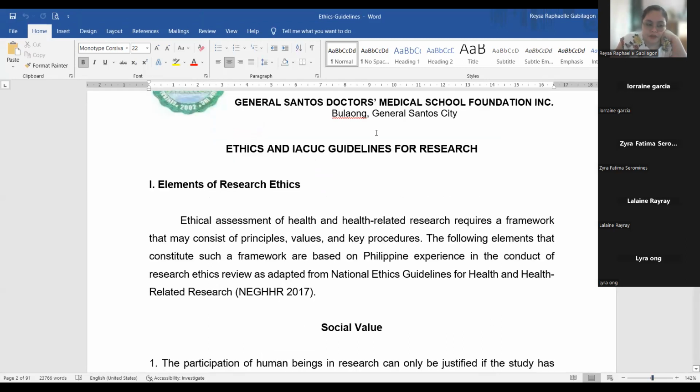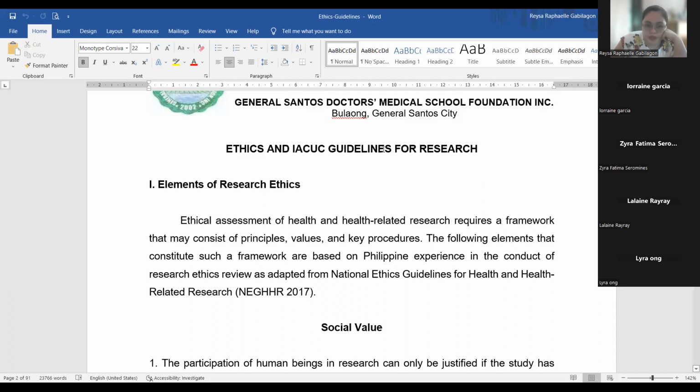And aside from that, before you start writing or identifying the ethical elements, class, you have to properly state in your paper that your study will also undergo a review by the Research Ethics Committee of the school. We have the REC in the school. Sila yung magre-review if merong mga ethical violations yung inyong paper.